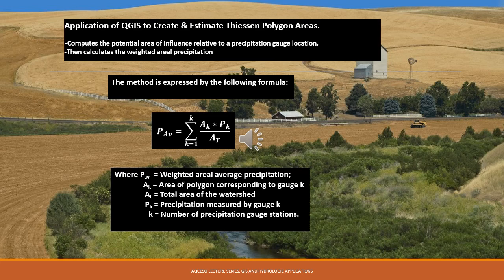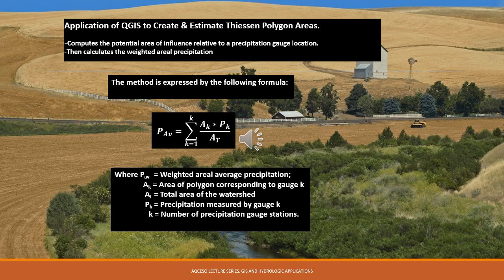This method is expressed by the following formula, which is: areal precipitation average, or weighted area average, is the summation of the product of the weighted area of each polygon and the corresponding recorded precipitation, divided by the total area of the watershed.